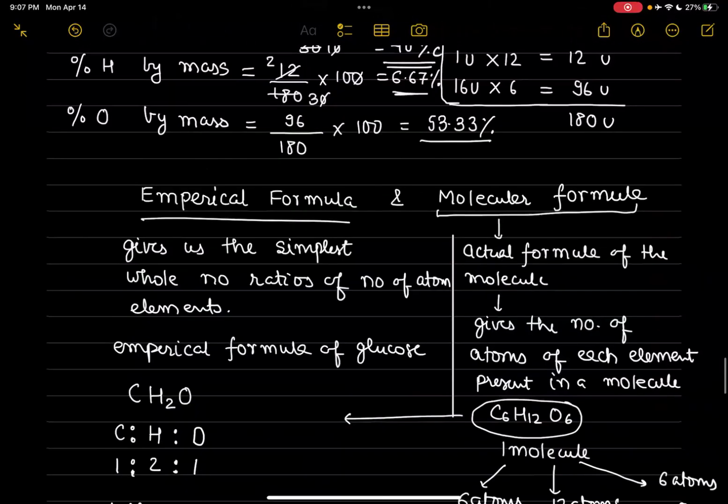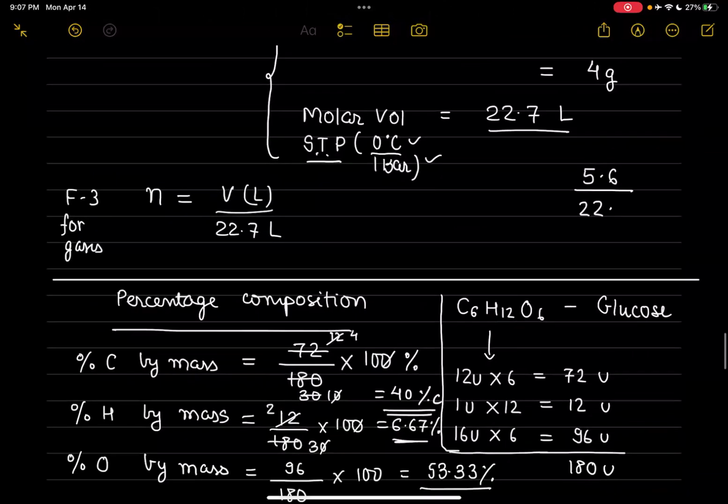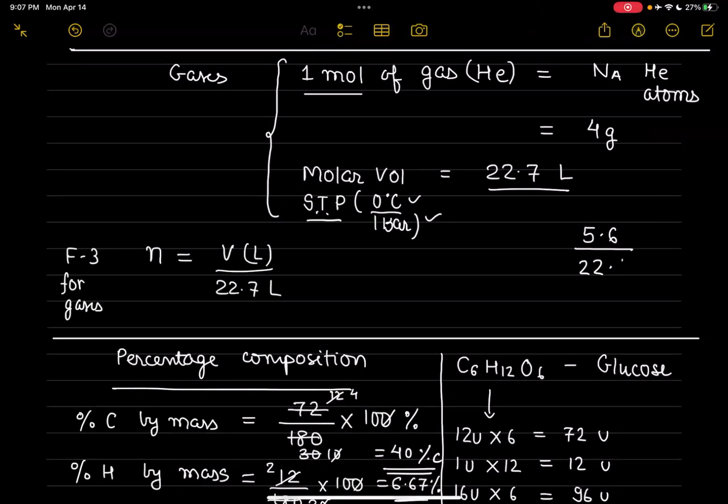Getting my point? So maybe they have given it with respect to the earlier calculation. Try this one. Are you going to get 6 into 4 is 24? But then how would we know to divide by 22.4? How will you know?